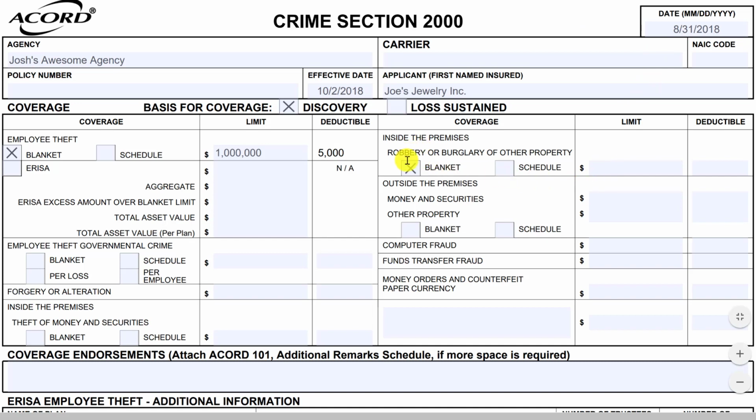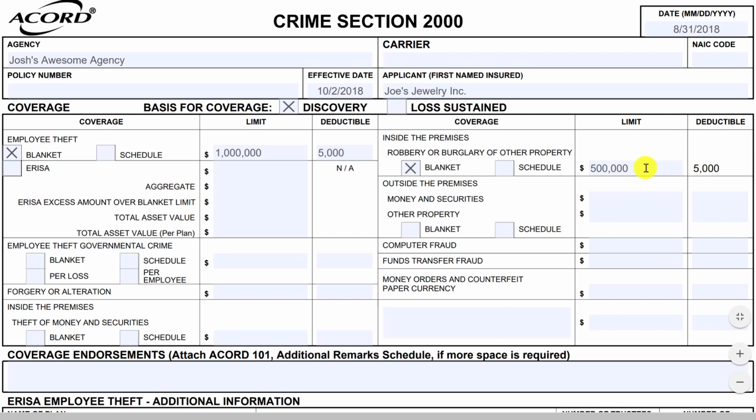Okay, inside the premises, so robbery or burglary, burglary being forced entry into something like a safe to get money, robbery being something where you're putting an employee at gunpoint to open the safe, and we're just going to blanket this to whatever the maximum dollar amount is on the premises. Okay, throw another deductible on there.